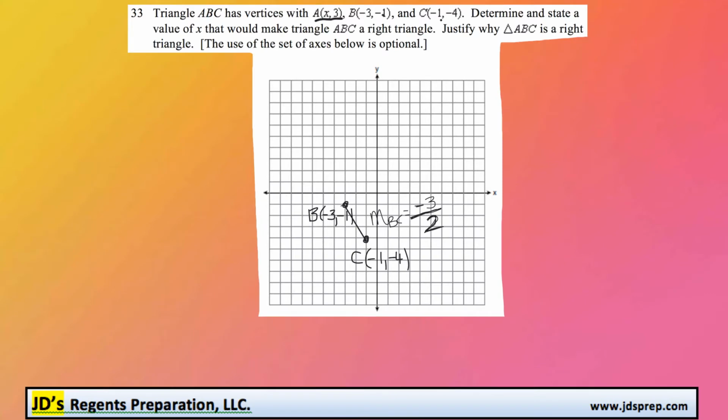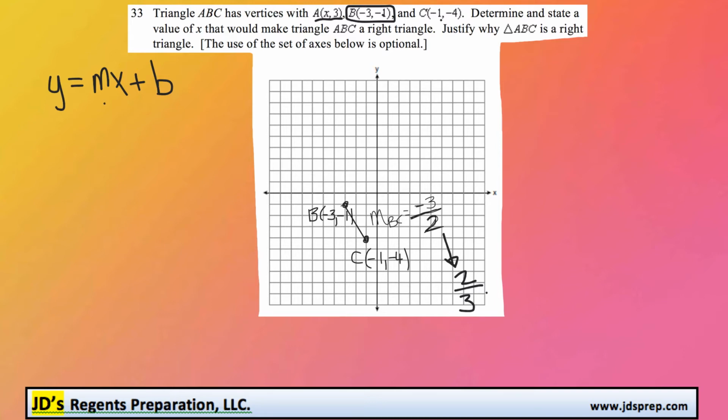Since we're looking for a line that's perpendicular to that, we need the negative reciprocal of -3/2, and that would be +2/3. So using the slope-intercept form of an equation, y equals mx plus b, we're going to replace x and y with the x and y coordinates of point B, and use the slope we want of 2/3.